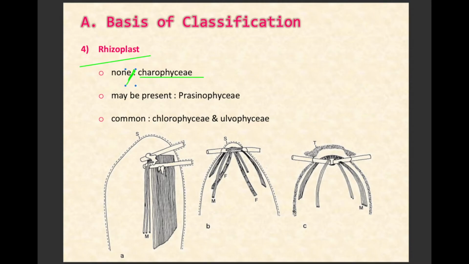Part din siya ng basal body natin. So, we have your rhizoplast. Sa mga Charophyceae, wala silang rhizoplast. But for example, in Prasinophyceae and Ulvophyceae and your Chlorophyceae, na pinaka-common, yung mga rhizoplast na to. So, those are the deeper ones that is embedded or in close contact with your nucleus.